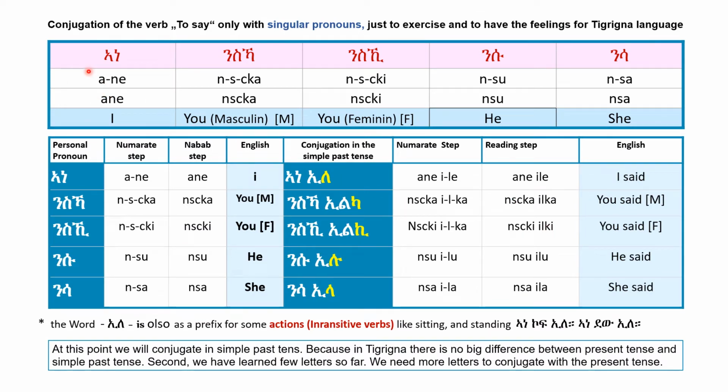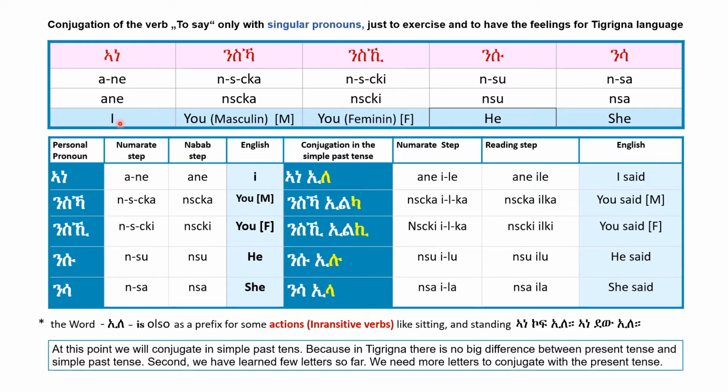Now we can read only the personal singular pronouns. Ane, ane, ንስኻ፣ ንስኺ፣ ንሱ፣ ንሳ.